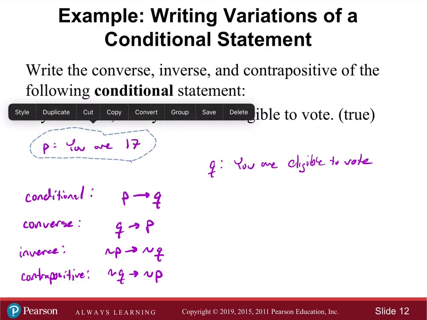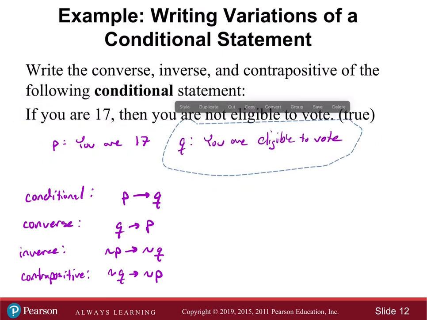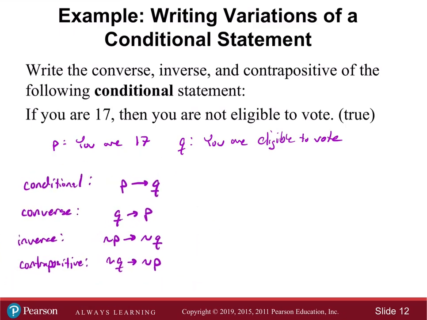So there's a P. Here's our Q. And we'll do our result in dark green. So the conditional of this in symbolic form is going to be P implies not Q.